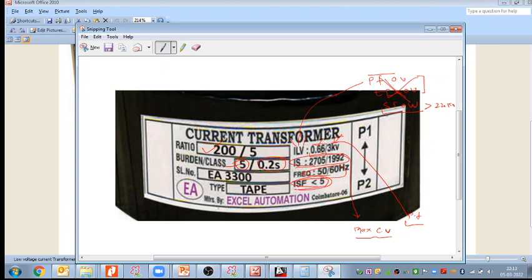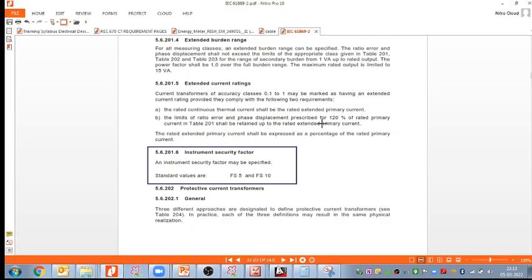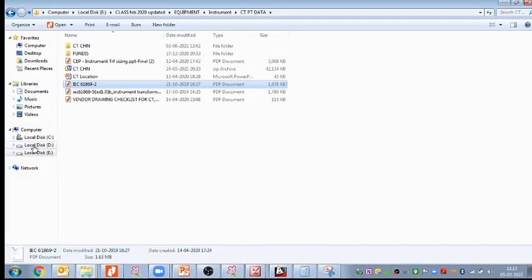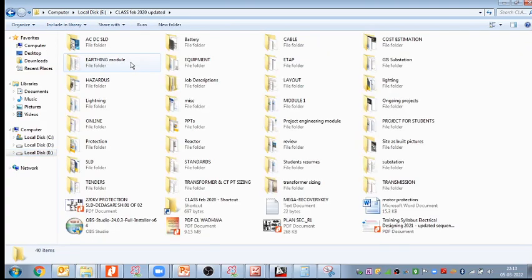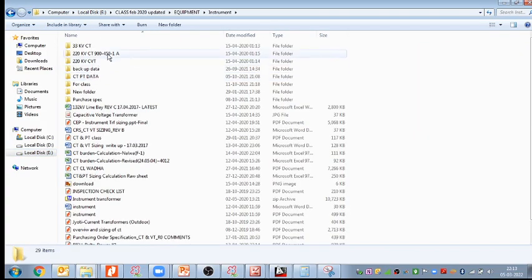Let us exercise with two different applications. The metering core CT is now done from my side, and now let me show you some CT rating plates for the metering core CT, and we can identify the CT instrument.